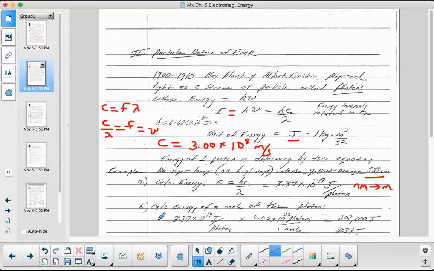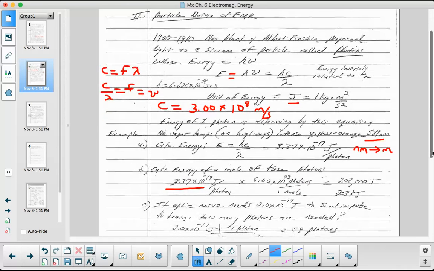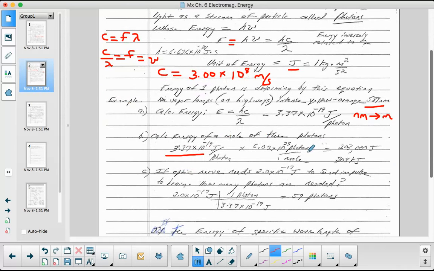So then let's say we want to calculate the energy of a mole of these photons. Well, if the answer that you got from above is the joule per photon, and we know that there's 6.02 times 10 to the 23rd photons per 1 mole, because remember that Avogadro's number of 6.02 times 10 to the 23rd is a counting unit.